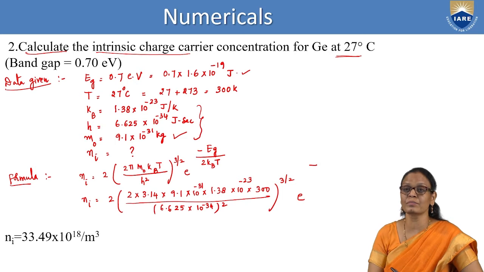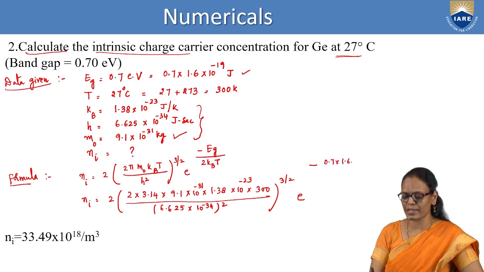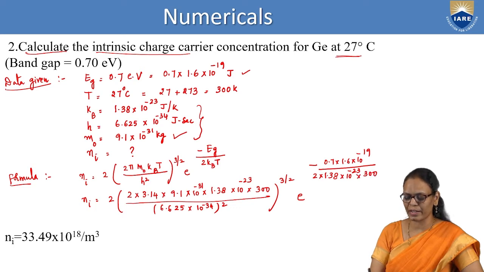Eg is what? 0.7 into 1.6 into 10 power minus 19 by 2 into Kb. Kb is Boltzmann constant, 1.38 into 10 power minus 23 into T is 300 Kelvin.